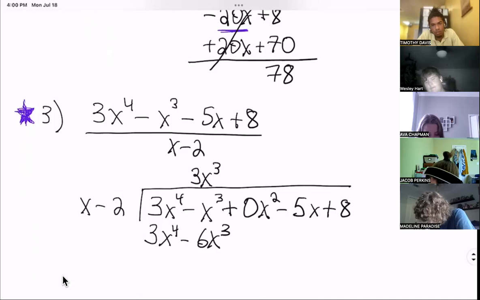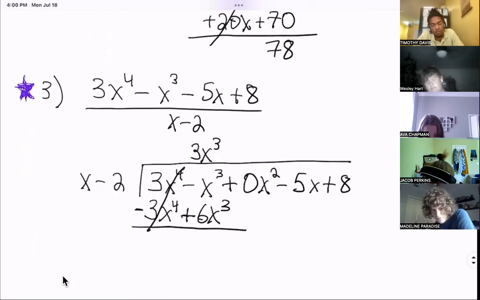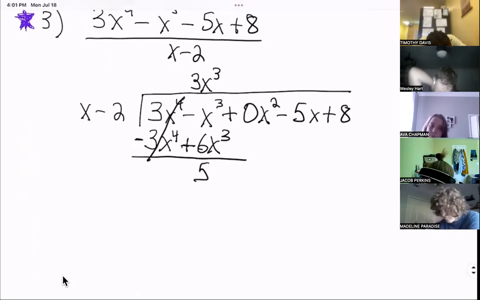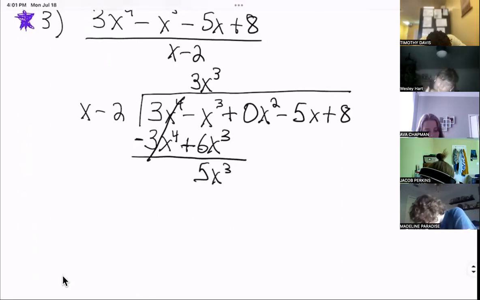What do we do? We subtract them, which means I'm going to change both those signs. That becomes a negative and a positive. And I add down, the 3x to the 4th goes away. And I'm going to add -x cubed plus 6, 5x to the 3rd. Bring down the next term. Even if it's 0, you're going to need it.